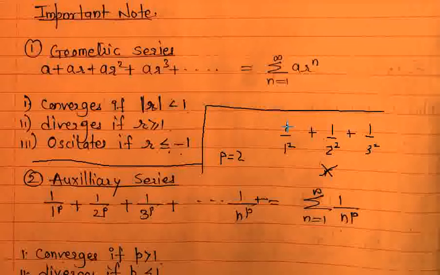So this one would be 1, and then this one would be a quarter, and this one would be a ninth. You cannot multiply by any common ratio: if r was a quarter, you cannot multiply a quarter by a quarter to get 1/9. So the geometric series does not work with this, and that's why it is an auxiliary series.